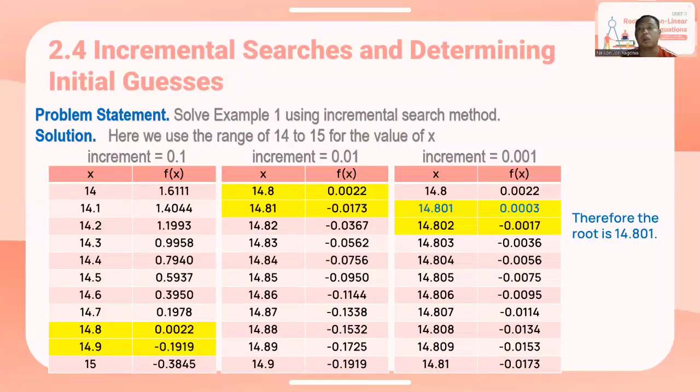For example, for this one, we will choose 14 and 15. Then we will have a 0.1 increment, like this one: 14, 14.1, 14.2, and so on until it reaches 15. Then we solve each function of x.